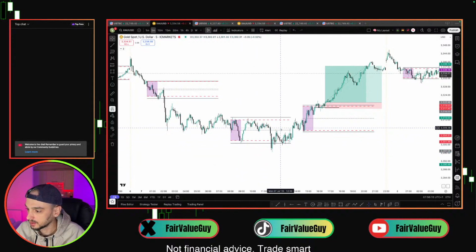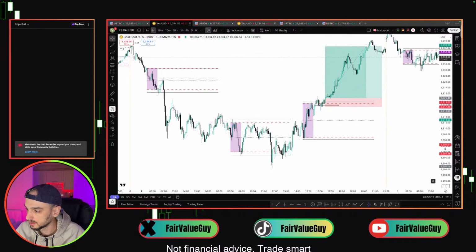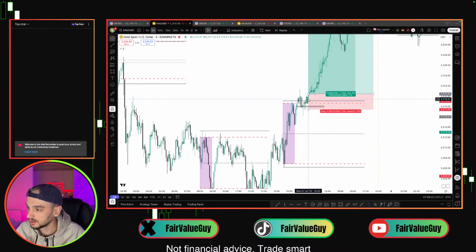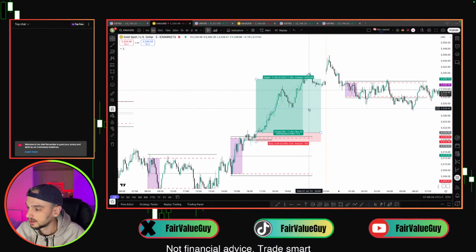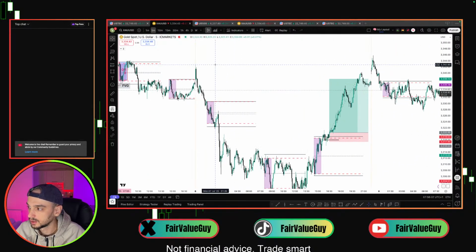We had the breaker here, change of character, retest, and if you didn't enter on the retest here, you had a candle closure on the top of the DR with a very solid stop loss here under this fair value gap, under those lows, and a very good move to this liquidity area.